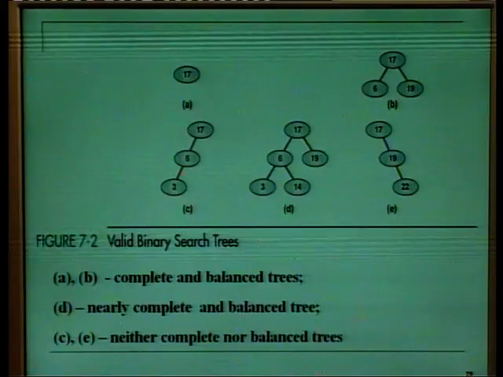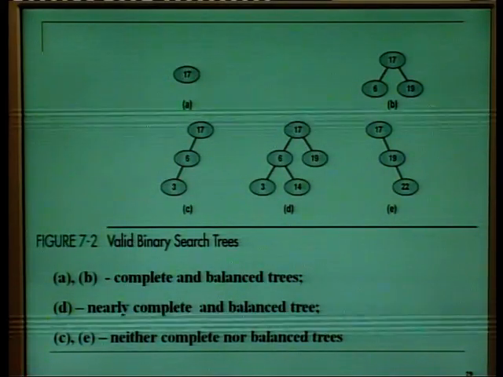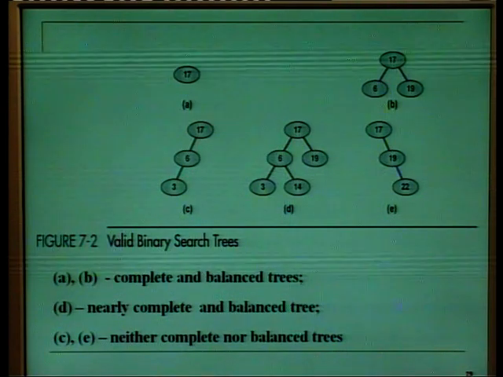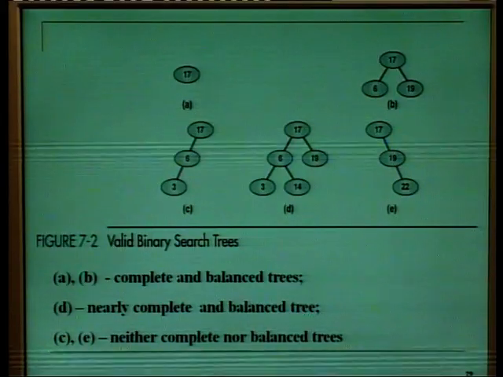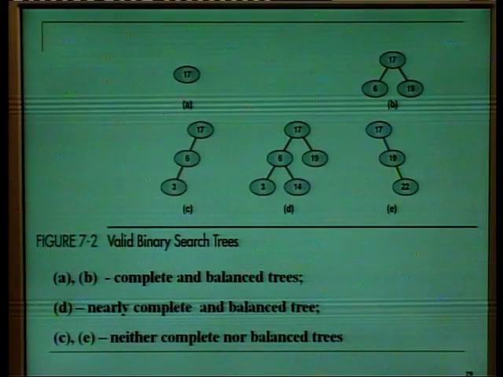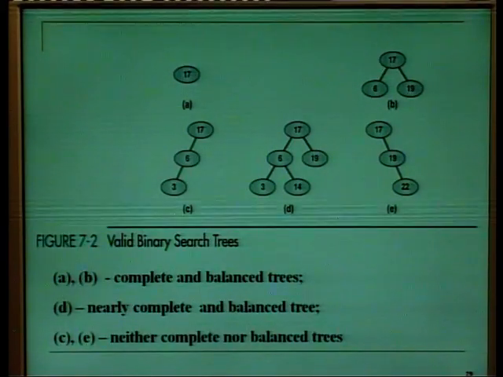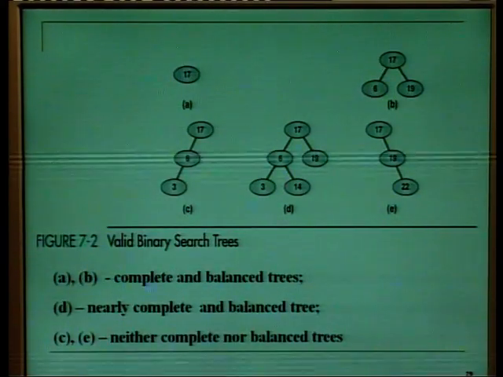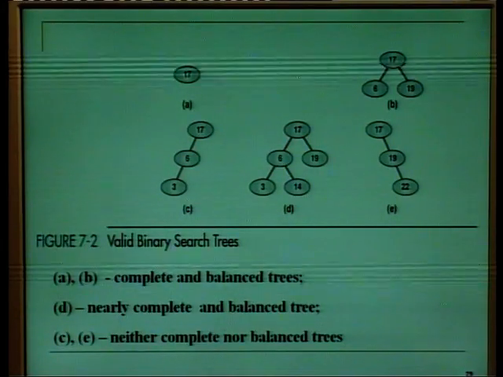Again, examples of binary search tree: A is an empty tree, having only a root node. B is the tree having root node 17 and 2 subtrees having values 6 and 19. C is a tree having root node 17, and on the left 6 and 3 are the values.